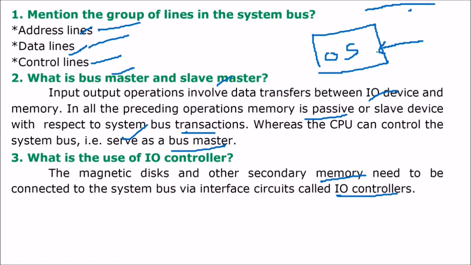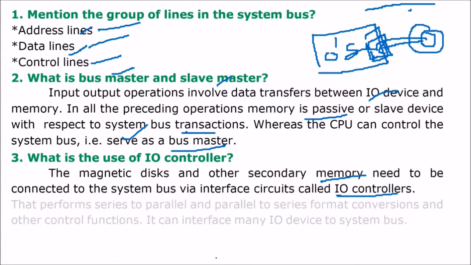OS works with system calls. How is your device going to be known to the OS, and how will the OS interact with this input output device? So you have an input output controller. Sometimes we also have another thing known as device drivers. But input output controllers are those which actually control this input output and interface it with the operating system.